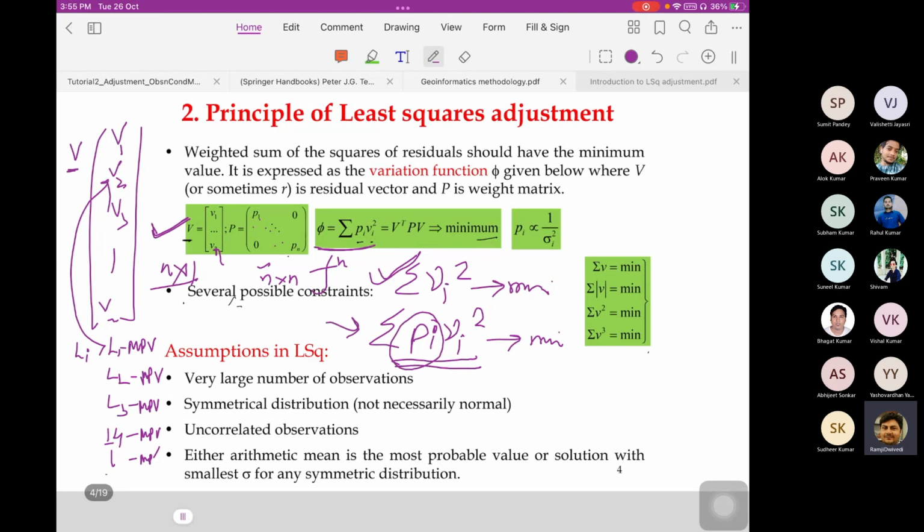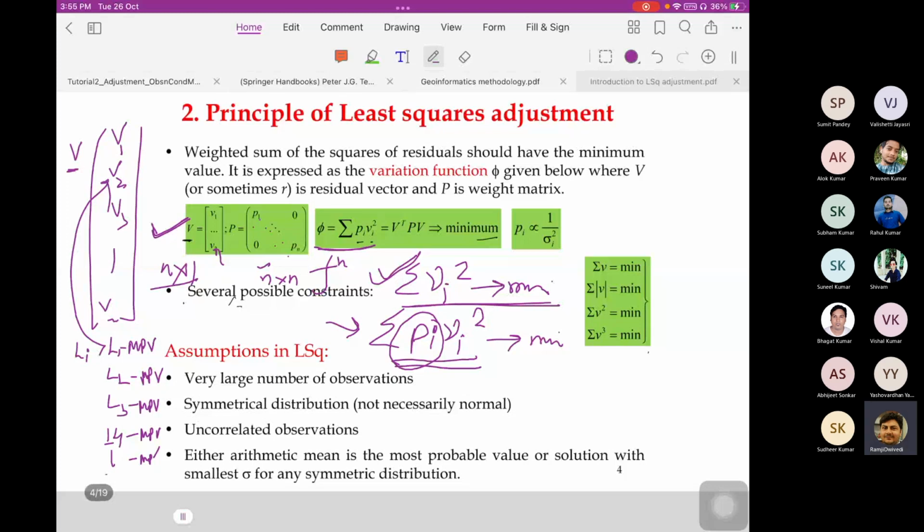Why? Because if you ignore the weights, what will happen here? You would be given correction without considering the weight of the individual observation, without giving weightage to the individual observation. The consequence is that if you do not consider the weight of any particular observation, you would be applying correction as if no weights are available, as if every observation has equal weightage.